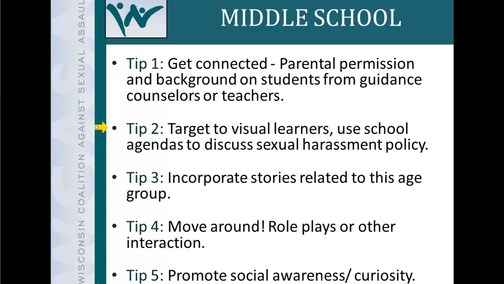The next tip that she gives is to incorporate stories specific to that age group. She says this is impactful. If you don't have one from your agency, using recent news also works. Recently, the news has reported the suicide of a middle school girl who jumped to her death because of relentless bullying by female peers in her school.